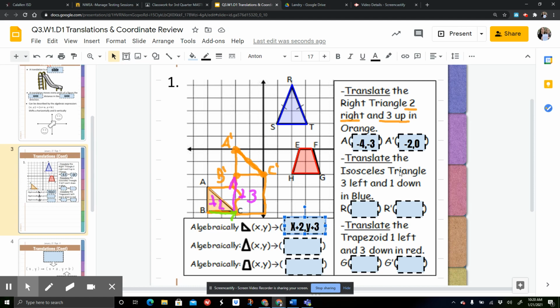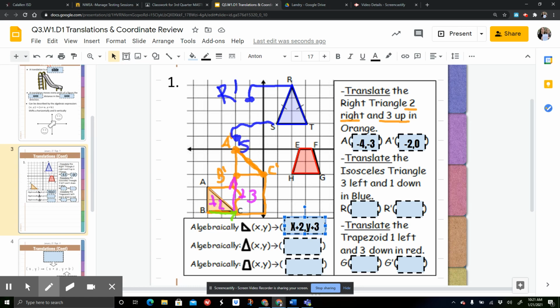It says translate the isosceles triangle 3 to the left and 1 down in blue. We're going to do it by points. We have to go 3 left and 1 down. So R, we're going to go 1, 2, 3 left and 1 down. That would be R prime. We're going to do the same thing with S, 3 to the left, 1, 2, 3, and 1 down.